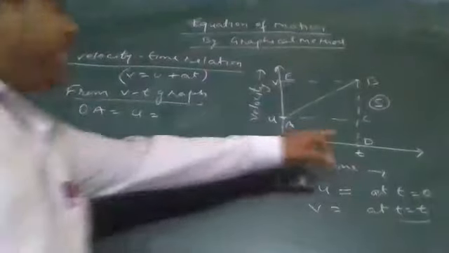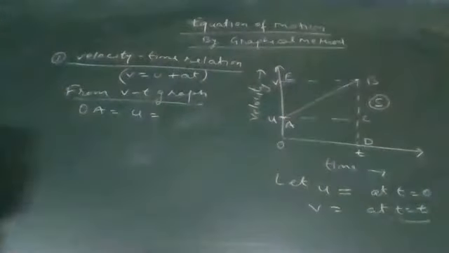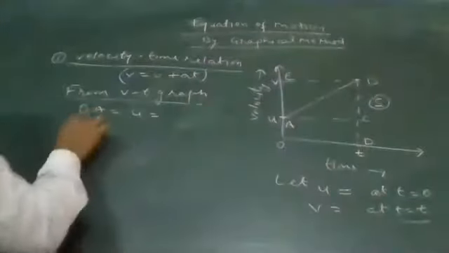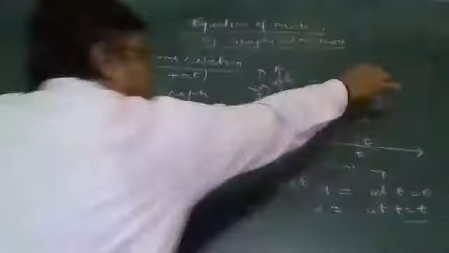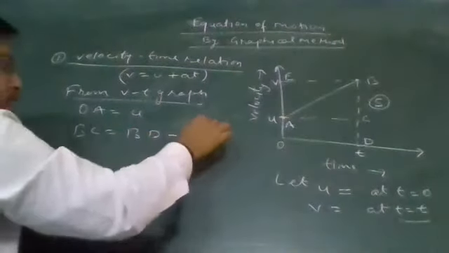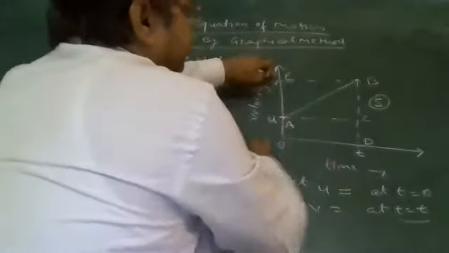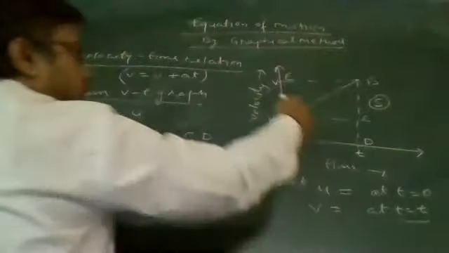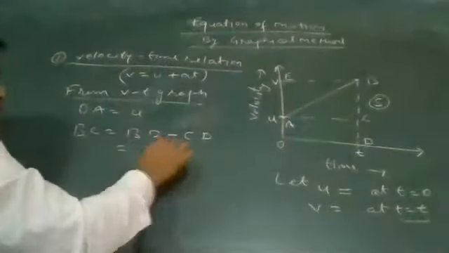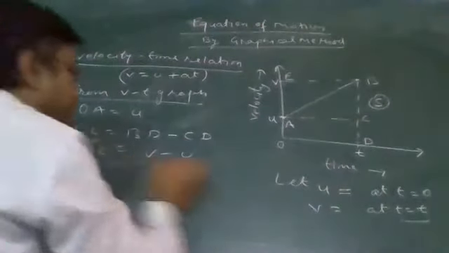Then BC can be defined as BD minus CD. BD can be referred to as the velocity v, and CD is equal to OA, which is u. So BC is equal to v minus u.